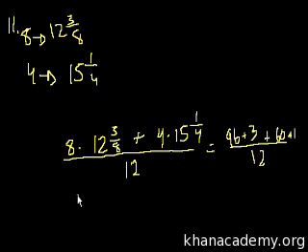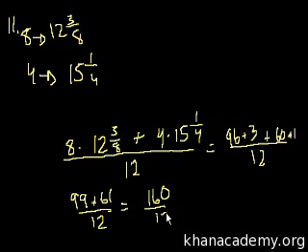And so we have 99 plus 61, all of that over 12, which is equal to 160 over 12. Let's see, does 12 go into 160? 12 times 12 is 144. Let me think about this. Let me just divide top and bottom by 4.